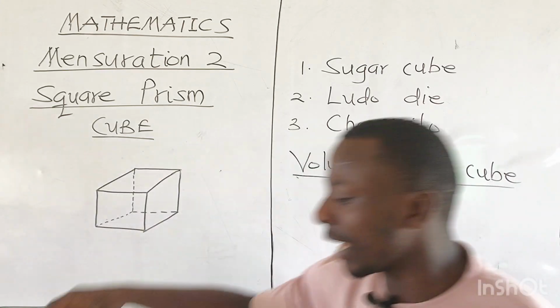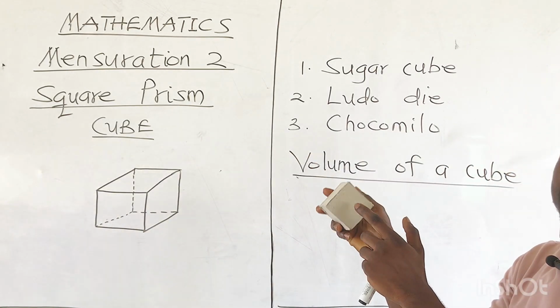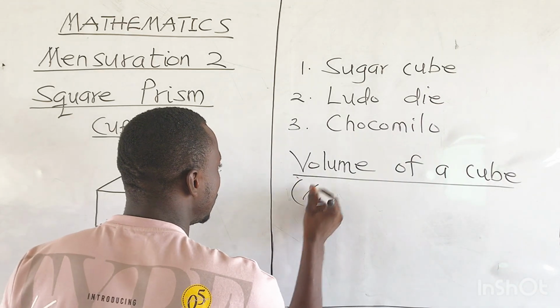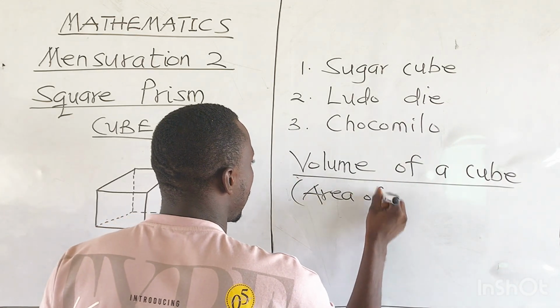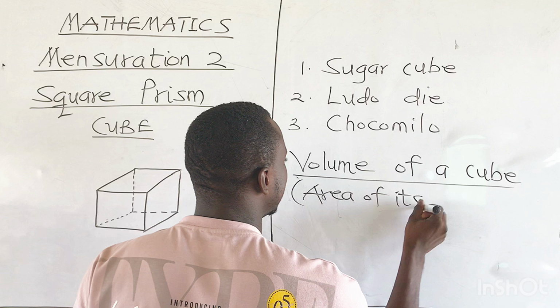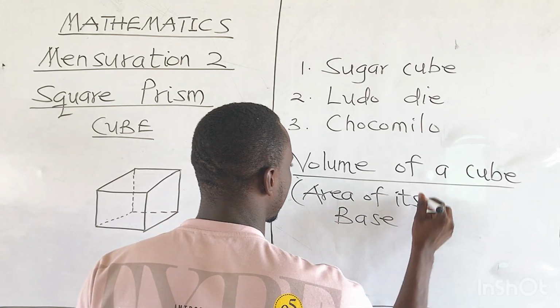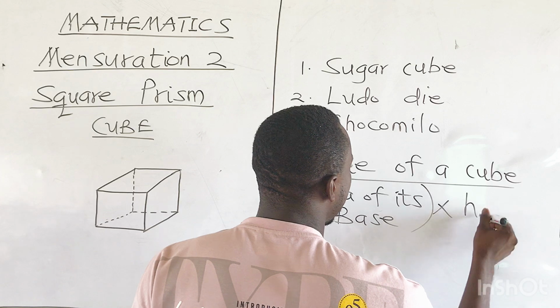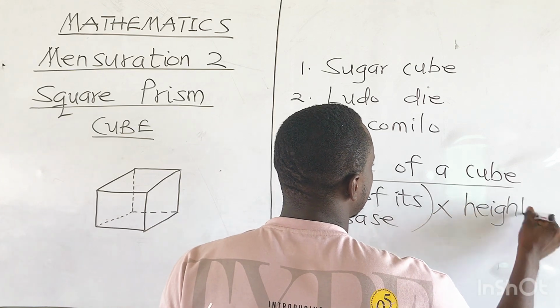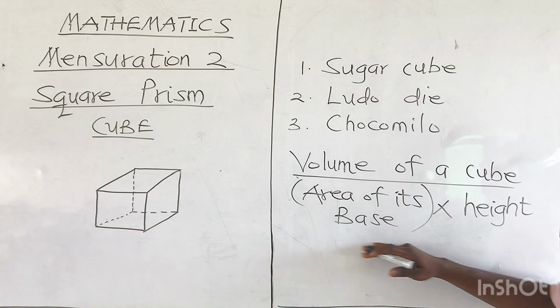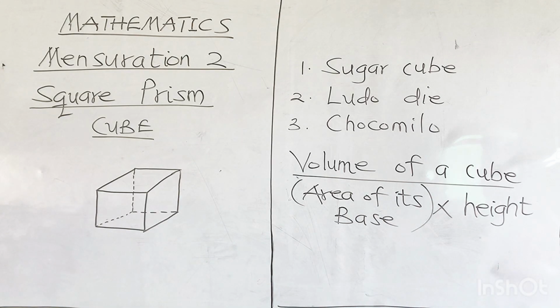So when you look at this artifact, the base is in the form of a square. So area of its base, then you multiply by the height. This is the general formula for finding the volume of any prism.